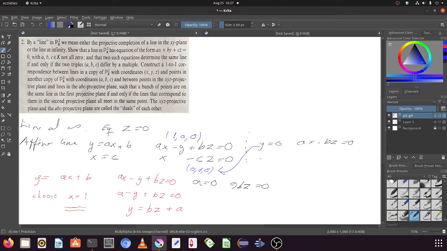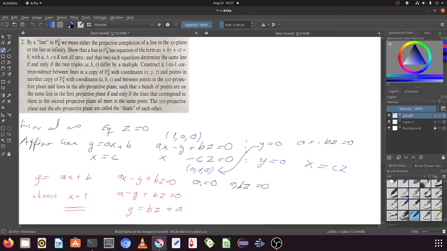Let's continue in blue. So to do that, we set y equals 0, and then the equation is x equals cz, and on this line we have the affine point 0. So that's the point at infinity.